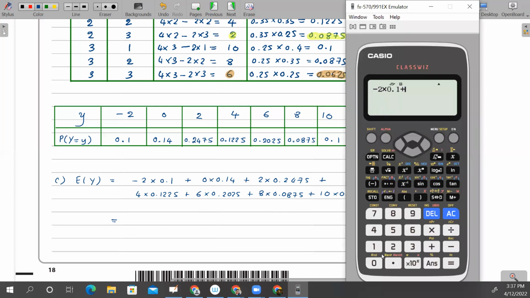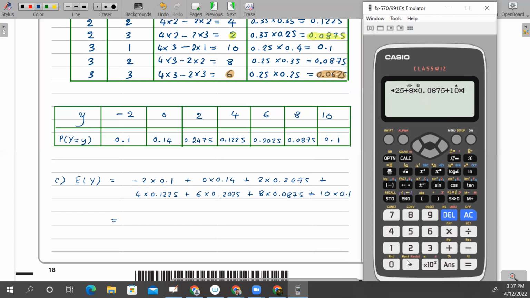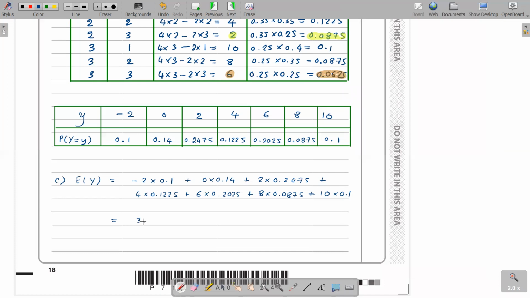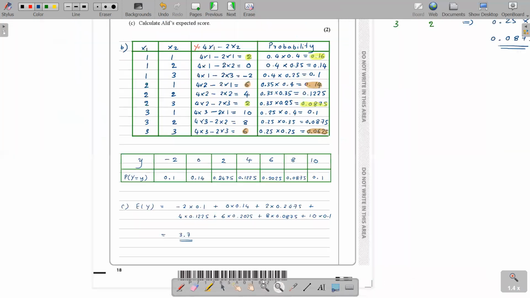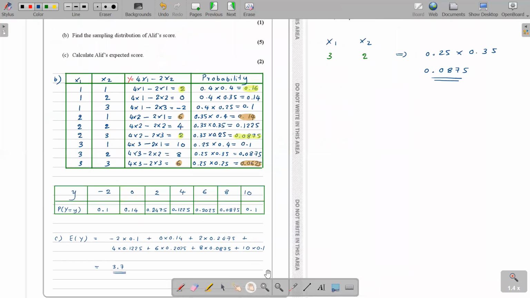Zero into 0.14 is 0. 2 into 0.2475, 4 into 0.1225, 6 into 0.2025, 8 into 0.0875, plus 10 into 0.1. Yeah, 3.7. Is this clear? So that is Alif's expected score.